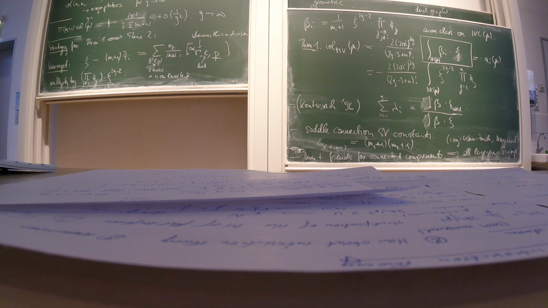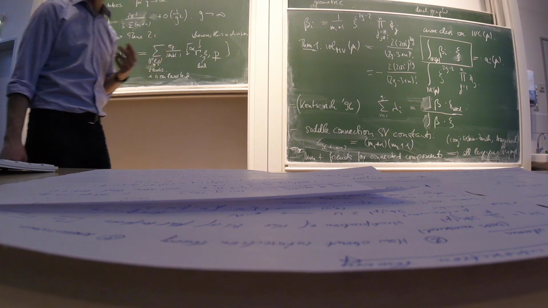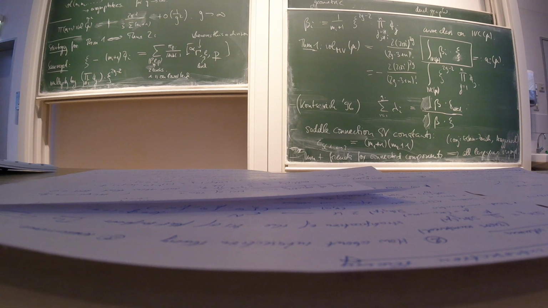Is there a lattice points version or analog in the incidence variety? I'm not sure if I got the question. So you said you could compute volumes using the very first method by computing lattice points. Yes.